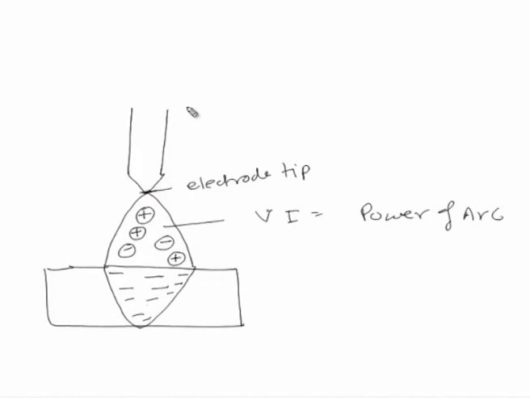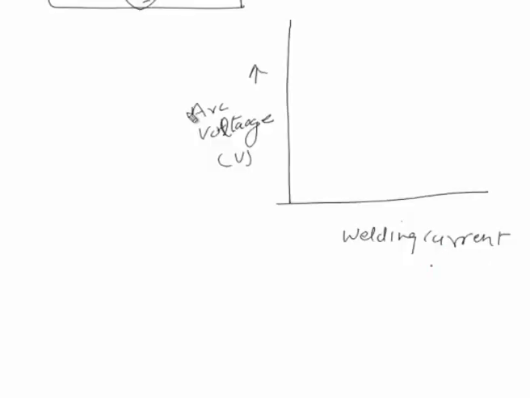So, in the arc characteristics, we need to see the variation in the arc voltage V on the y axis and the welding current in ampere on the x axis. When the welding current is increased, how does the arc voltage vary?